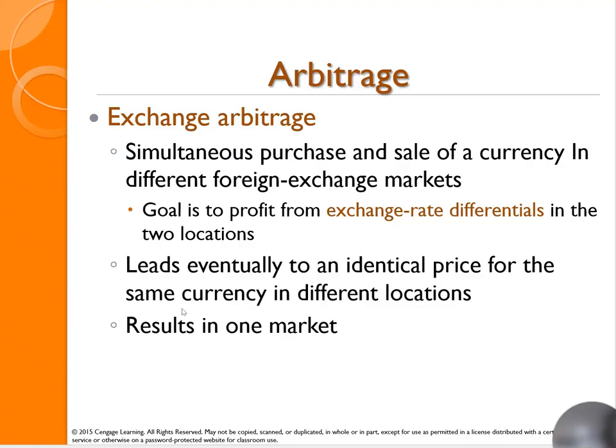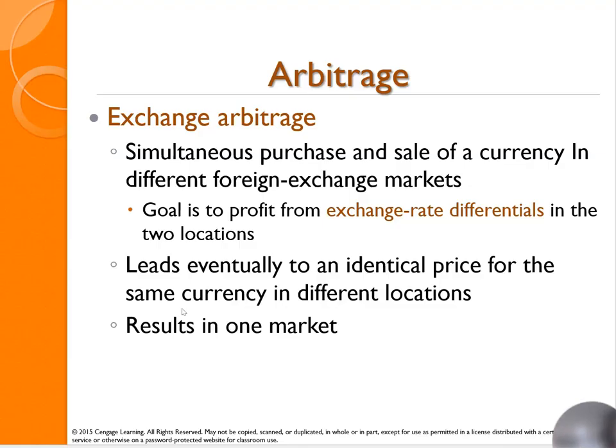So I will give you an example. You are buying dollars with your euros, and you find that in Milan, it's a tenth of a percent or less cheaper to buy them than they're selling in London.